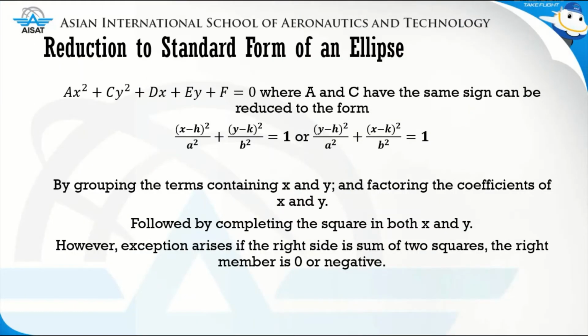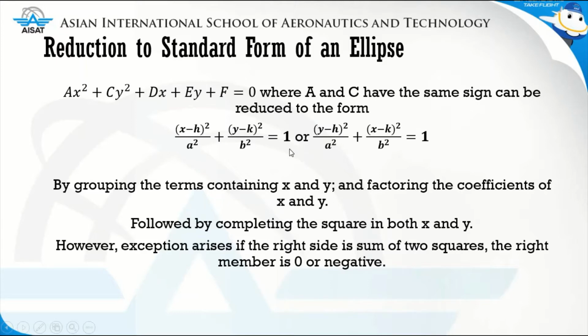Now let's have the general form of an ellipse. If the equation has the form ax squared plus cy squared plus dx plus ey plus f is equal to 0, where a and c have the same sign, it can be reduced to the form (x minus h) squared over a squared plus (y minus k) squared over b squared is equal to 1.